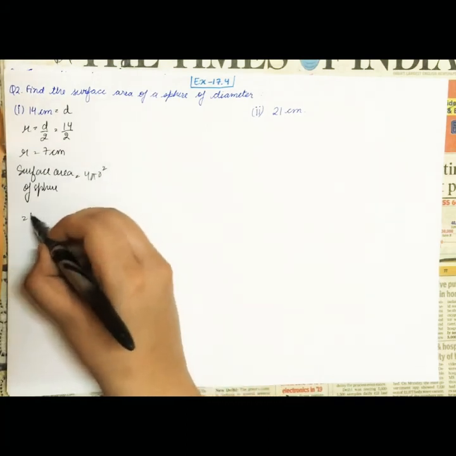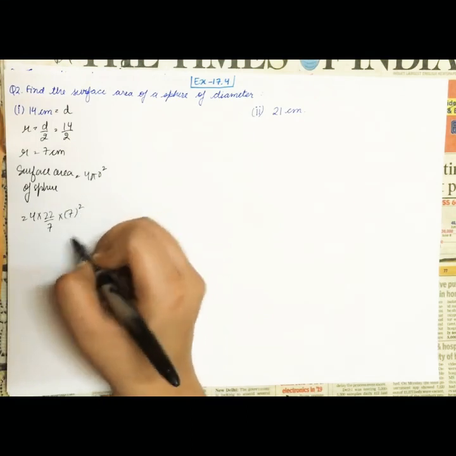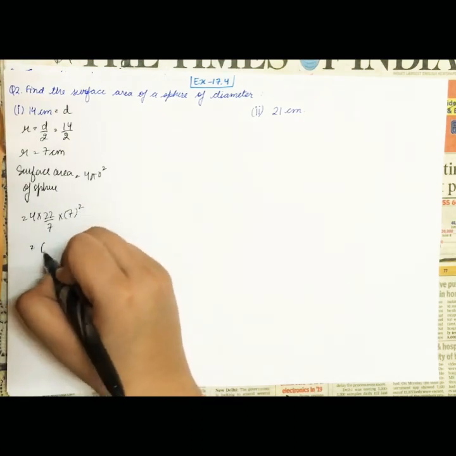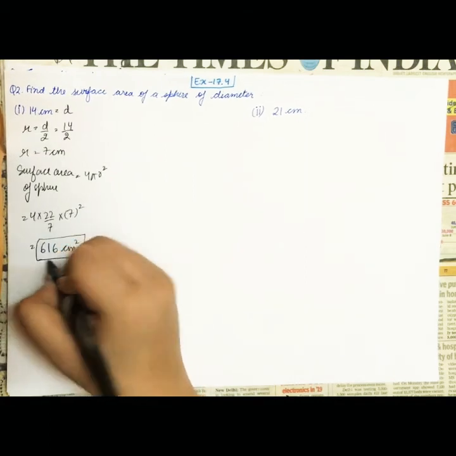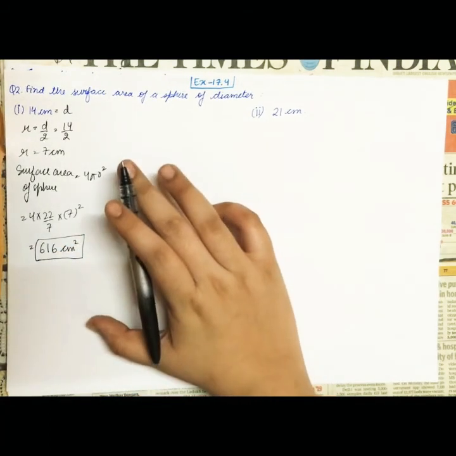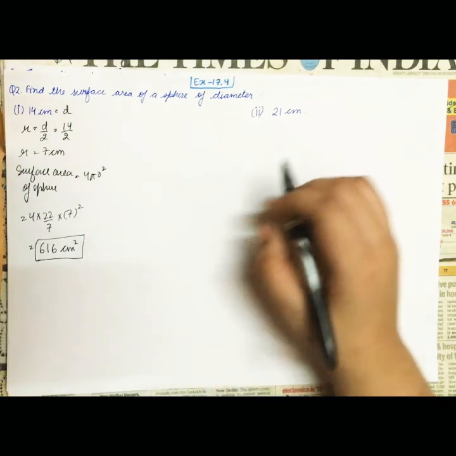Now we'll put the values. 4 into 22 by 7 into 7 square, which is equal to 616 centimeter square. Therefore, the surface area of the sphere where diameter is 14 centimeter is equal to 616 centimeter square.